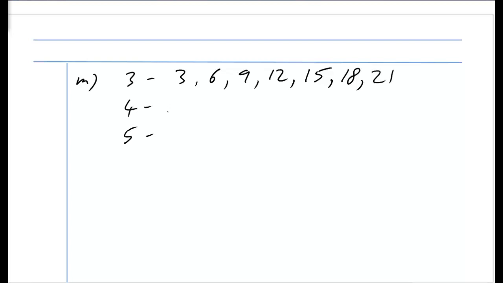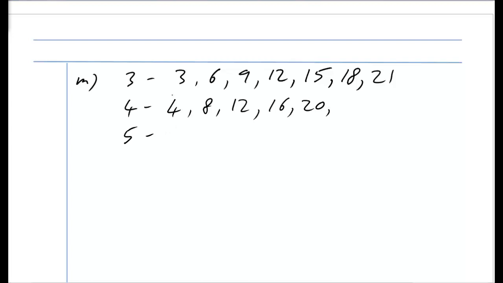Let's stop there. The multiples of 4. Okay, so we've got 1 4 is 4, 2 4s are 8, 3 4s are 12, 4 4s are 16, 5 4s are 20. That's probably far enough for now.